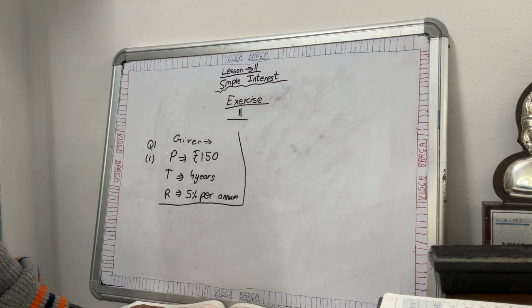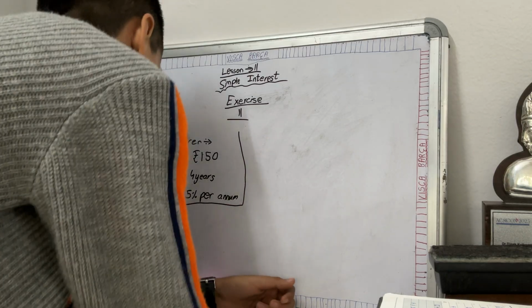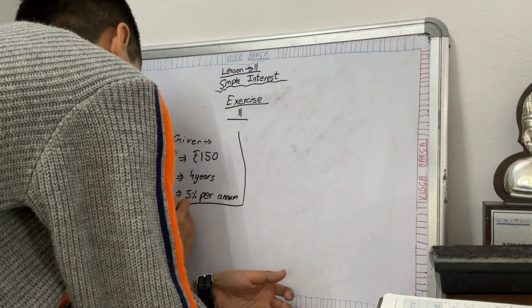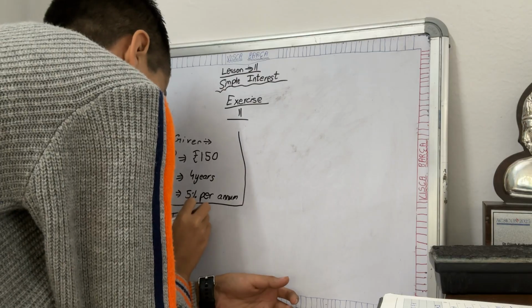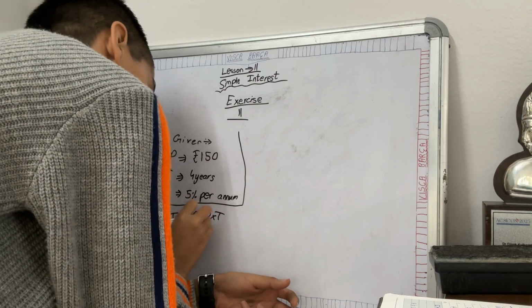Now I'll write the formulas. What we have to find? Simple interest and amount. So what is the formula for simple interest? P into R into T upon 100.